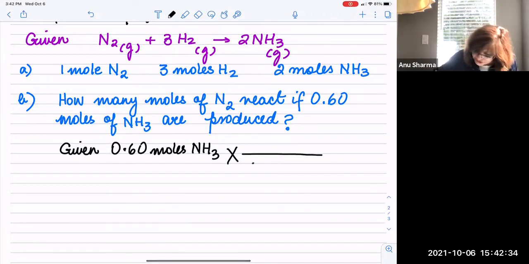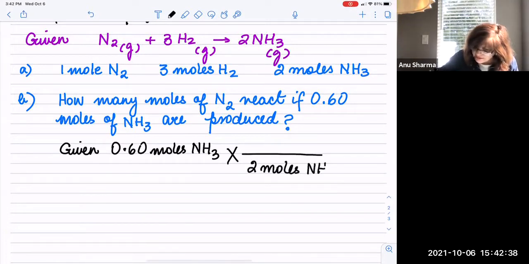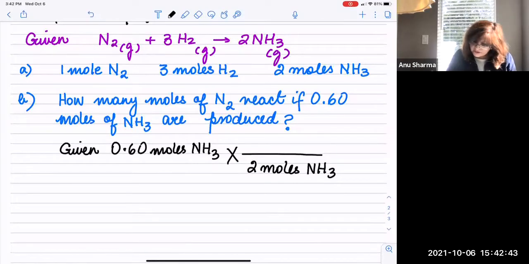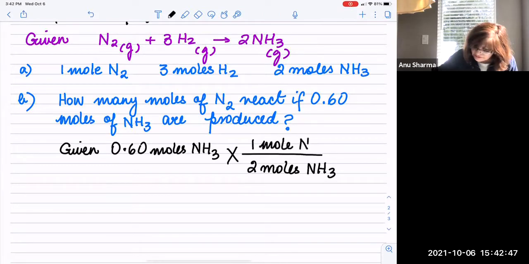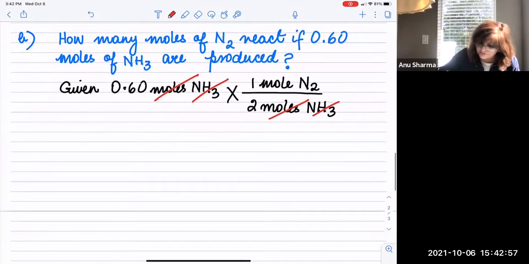So we see that 2 moles of ammonia are produced when 1 mole of nitrogen reacts. In this case, the moles of ammonia and moles of ammonia cancel out, and you're just left with the moles of nitrogen.